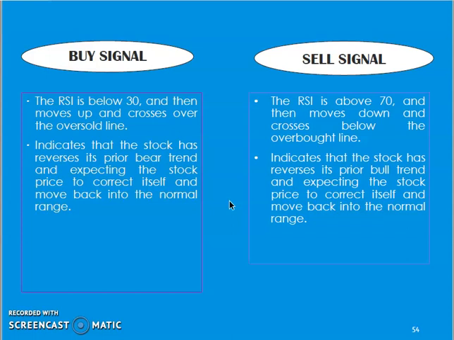A selling signal happens when the RSI is above the overbought line, which in this case is the 70 line, and then moves down and crosses below the overbought line. This indicates the stock has reversed from its prior bull trend, and we expect the stock price to correct itself and move back into a normal range.